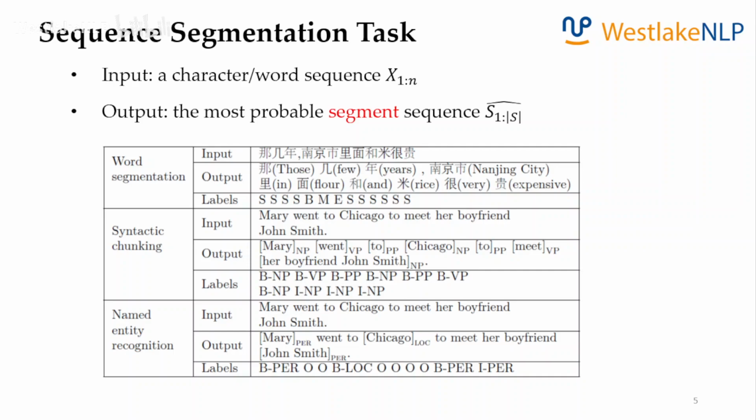Yet another task is named entity recognition, which we saw in the beginning of this semester as well. Given a sentence, you want to recognize what are the person names, location names, organization names, etc. from this sentence. These are spans. Besides these spans, you also have words which are not named entities.